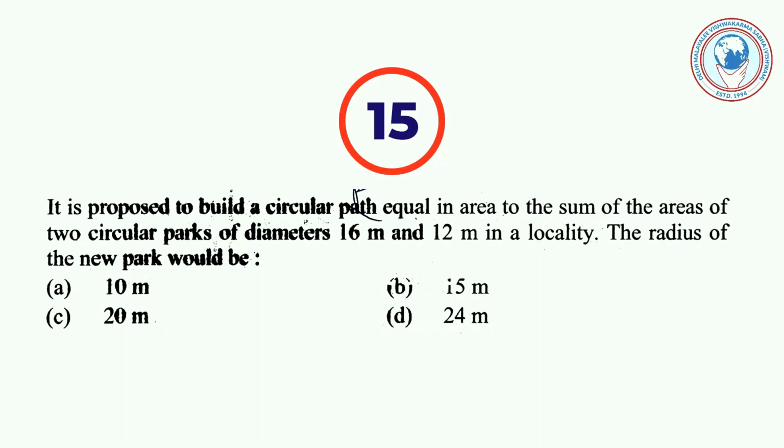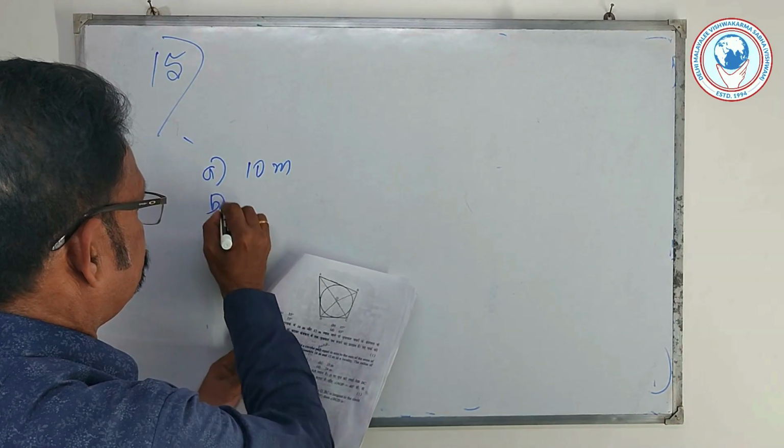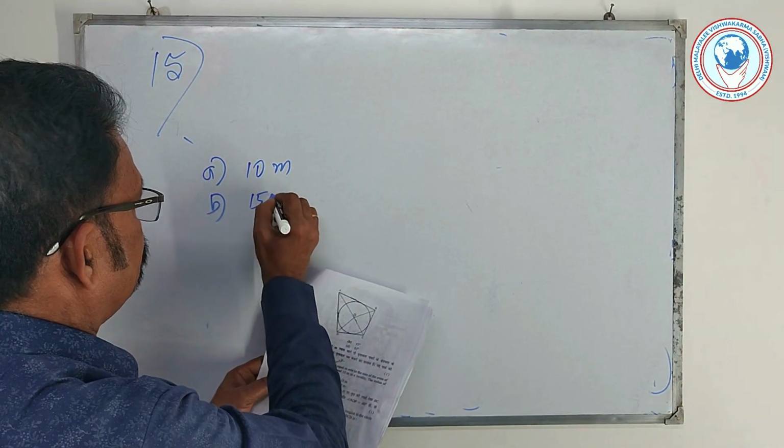Question number 15. It is proposed to build a circular park equal in area to the sum of the areas of two circular parks of diameter 16 meter and 12 meter in a locality. The radius of the new park would be, options are given, 10 meter, 15 meter.